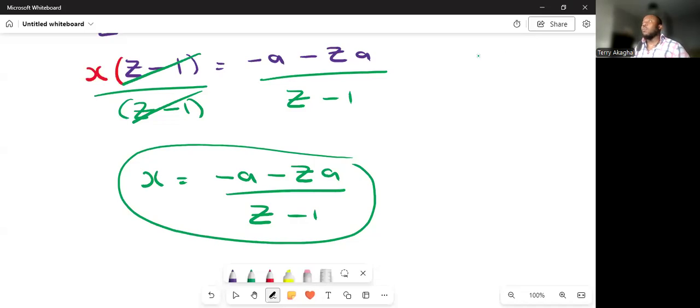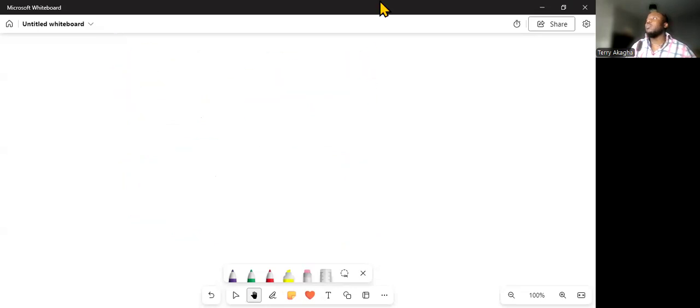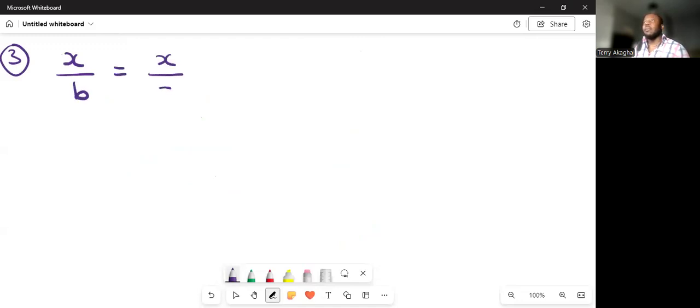All right, let's pick one more example for this and then we'll now finish it up. So this will be number 3. Number 3, we have x divided by b is equal to x divided by z minus 5. As you can tell, I'm going to get rid of the fraction.